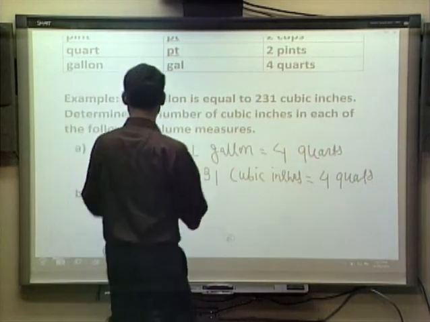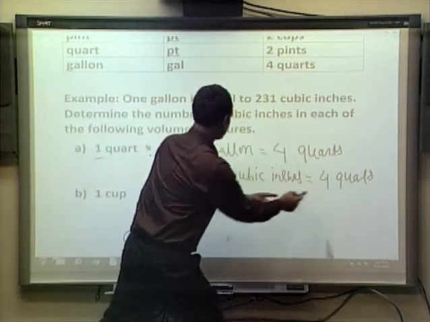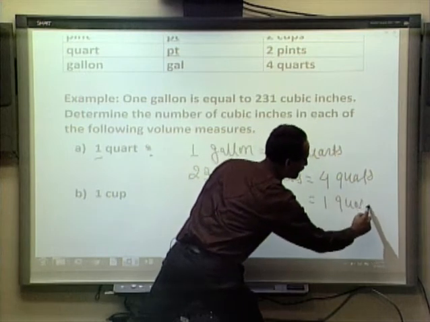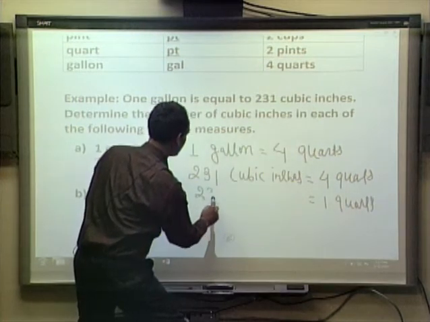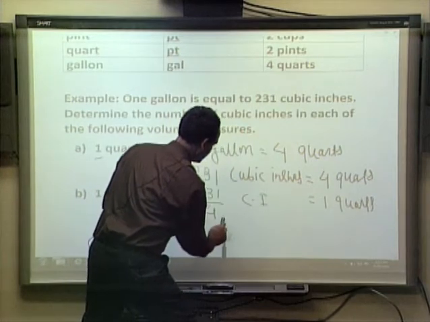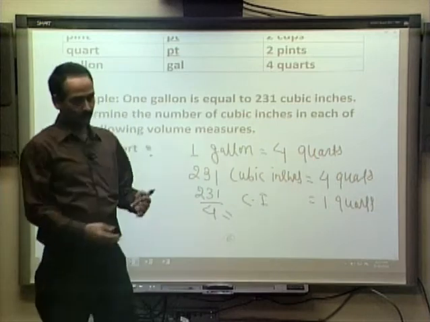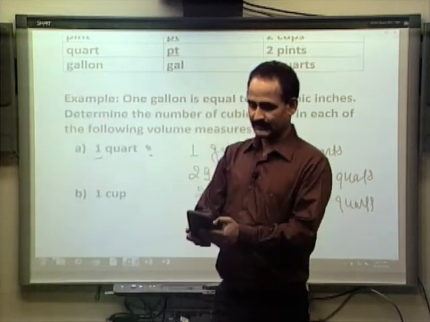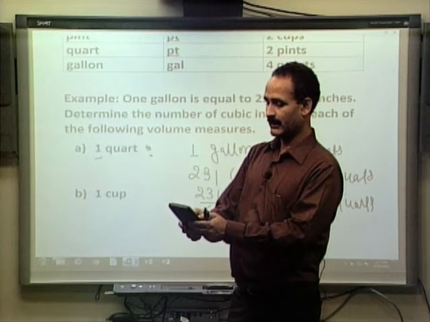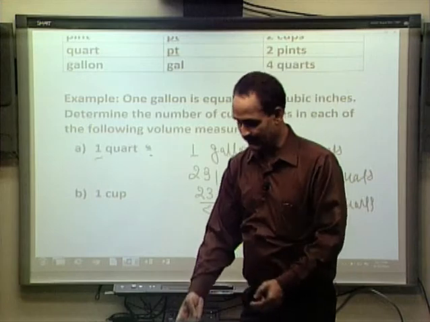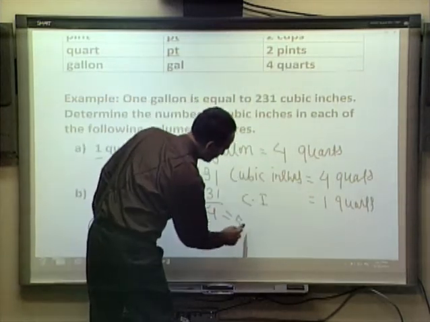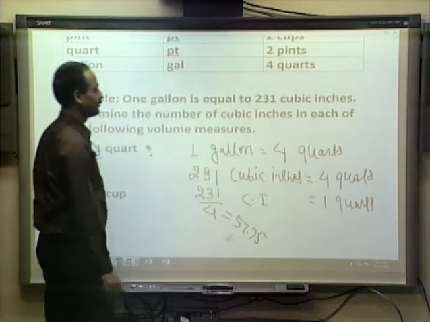If 4 quarts make 231 cubic inches, then 1 quart has to be 231 over 4 cubic inches. 231 divided by 4 in decimal will be 57.75. So, this will be 57.75 cubic inches.